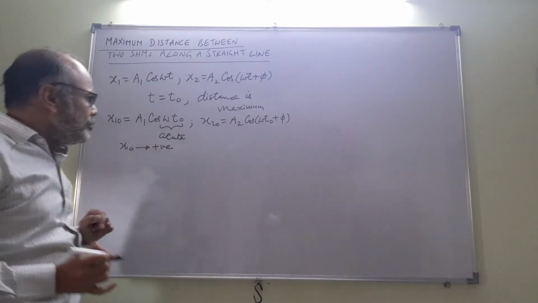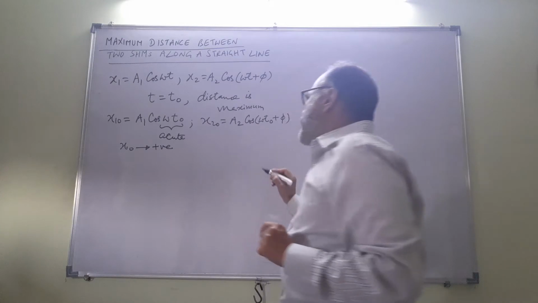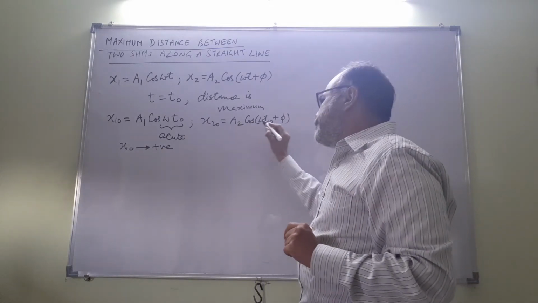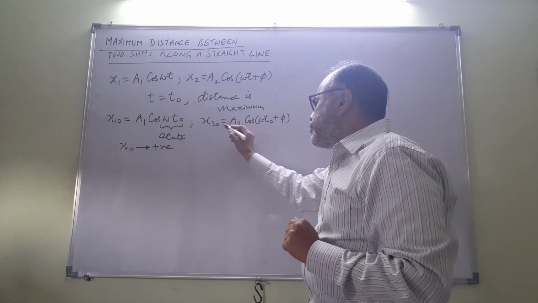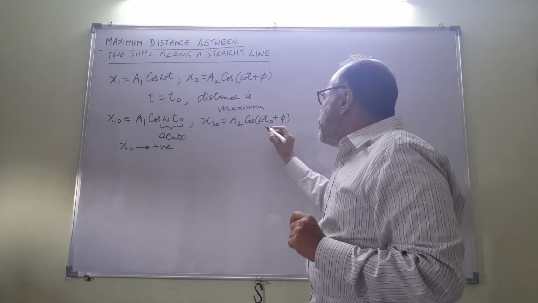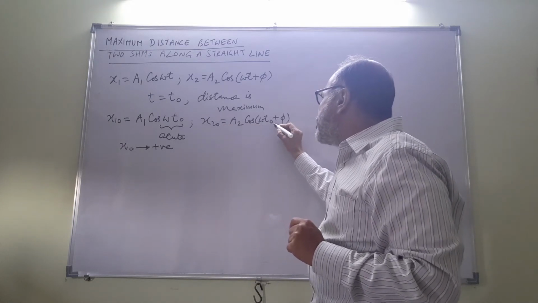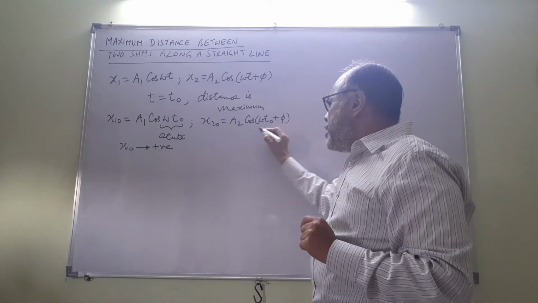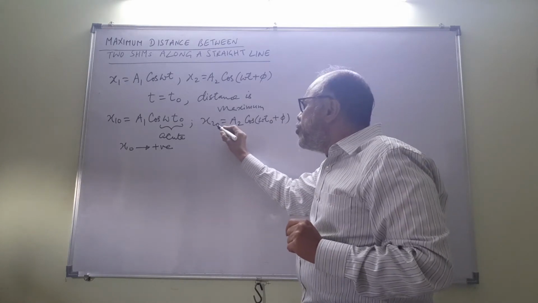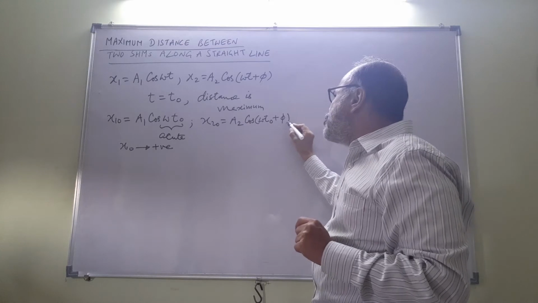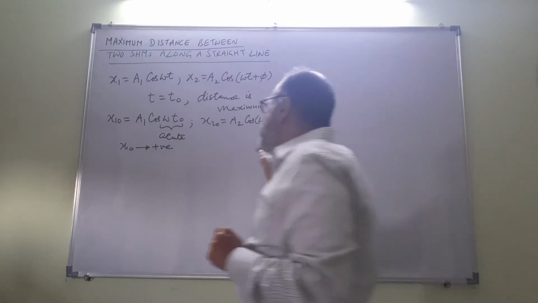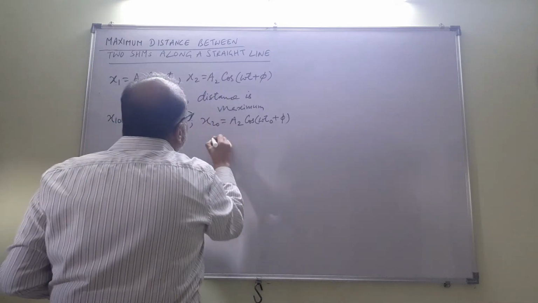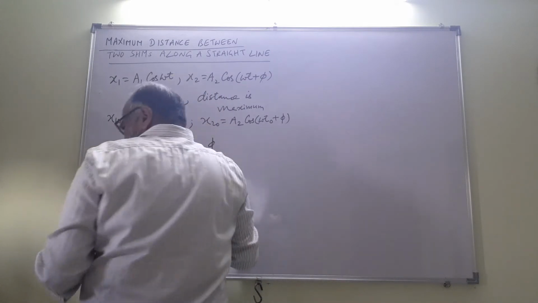Now coming to x2 naught, if omega t naught is acute, x2 naught need not be positive because it depends on what this phi is.